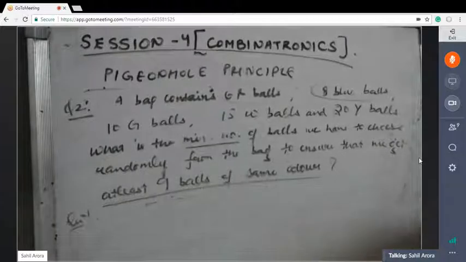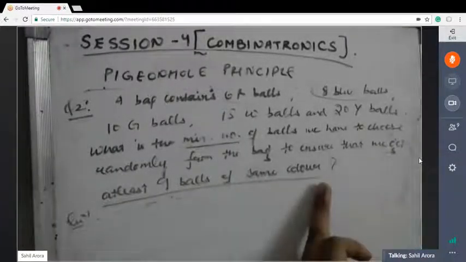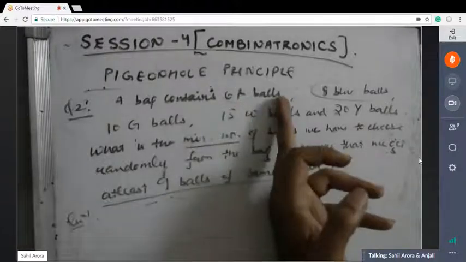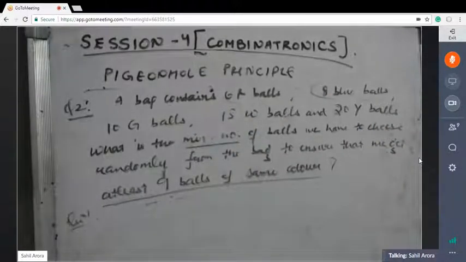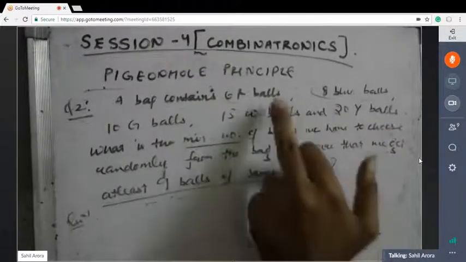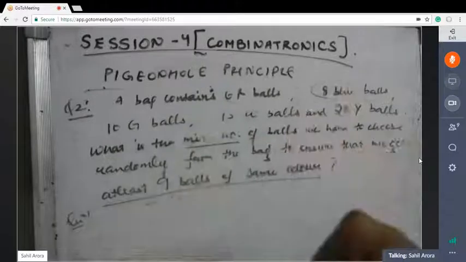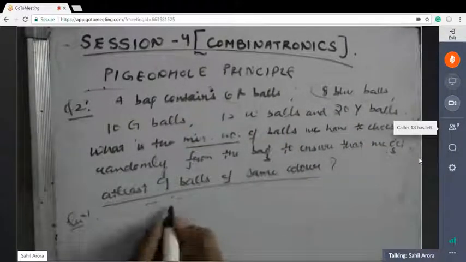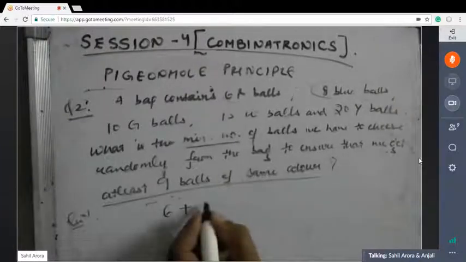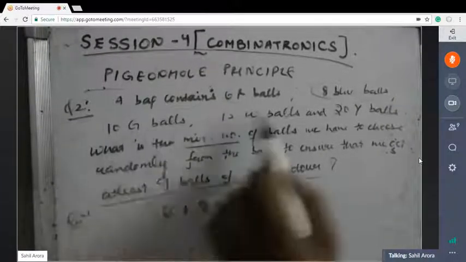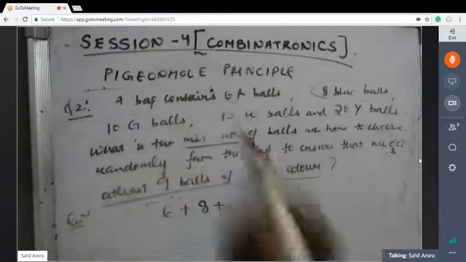If I need to cater 9 balls of the same color, then I need to pick up all 6 here and all 8 here because they are less than 9. Then all other quantities are more than 9.